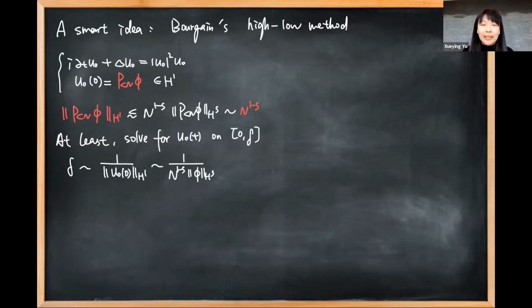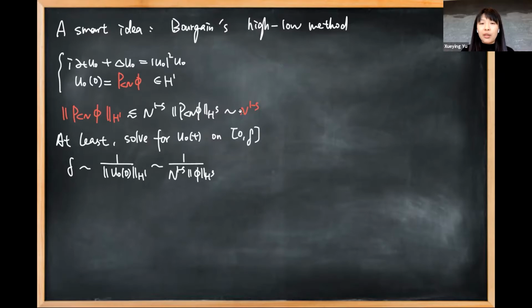What Bourgain did in his paper is that he first considered this Schrodinger equation with some data. Phi is the same data that we considered, but he did a cutoff for the data: he just takes the low frequency component of this initial data. From the Bernstein inequality, you can say that the data with this low frequency component will be in H1, and it's relatively large.